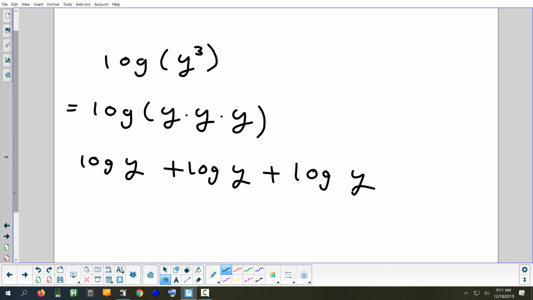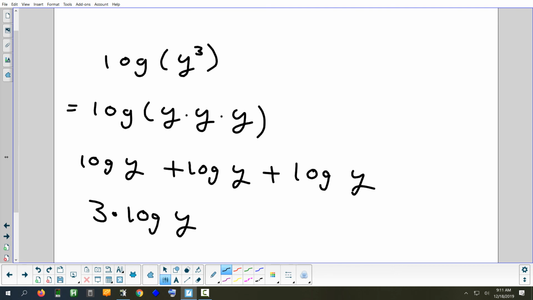Now, log y plus log y plus log y. Well, let's just pretend it was like y plus y plus y. What does that simplify to? 3 times what you were adding. Well, log y plus log y plus log y, 3 times what you were adding. 3 log y.